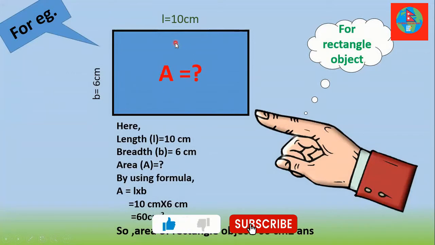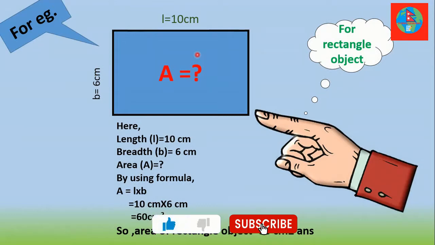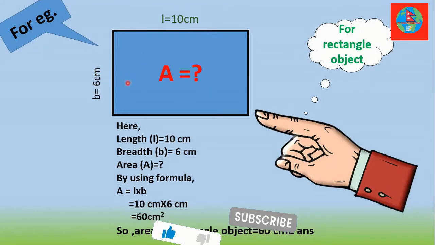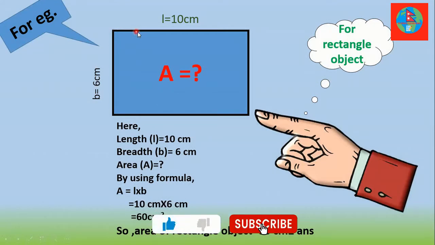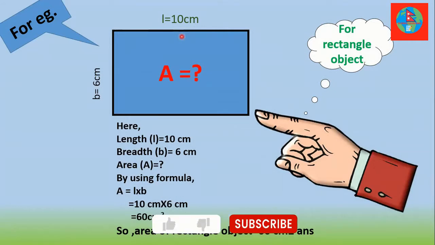A rectangle is an object whose sides are not all equal. If there are no equal sides, that type of object is called a rectangle object.